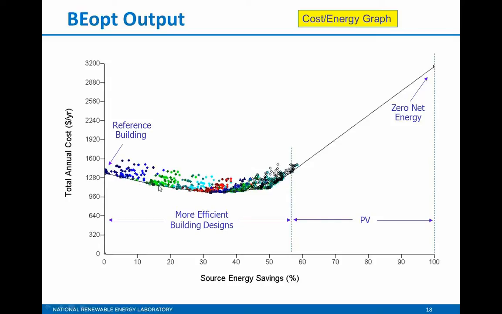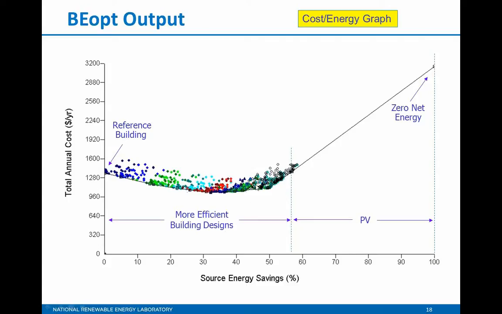And so the sequential search is choosing which efficiency to do as a result of the energy simulations that are done for the different building designs, each design incorporating a specific measure or option, and finding which is the best thing to do first, and then the process is repeated. And that happens throughout efficiency. At the same time, BEopt is comparing PV.